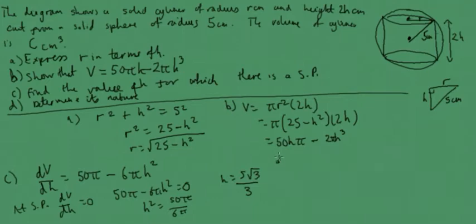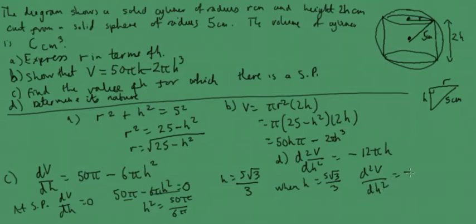And finally we want to find the nature of the stationary point. So to find the nature, we'll do the second derivative. So here was our first derivative here, so that's going to be minus 12 pi h, and when h equals 5 root 3 over 3, d2V by dh squared will be minus 12 pi times 5 root 3 over 3.